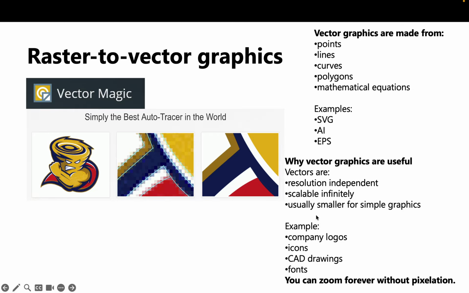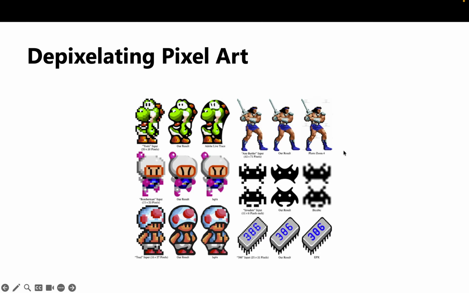And you can zoom forever without the pixelation problem. Also in games, people use interpolation to de-pixelate the pixel art. I think nowadays there are many games using this kind of icons. So if you want to make the image sharper from a low resolution, you can always use an interpolation method.